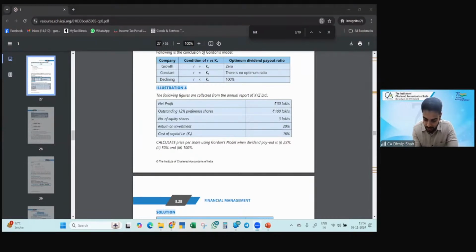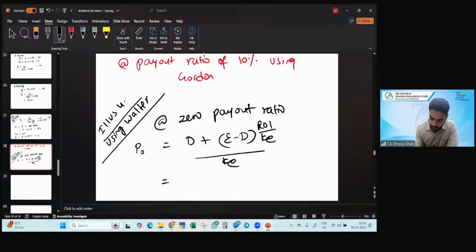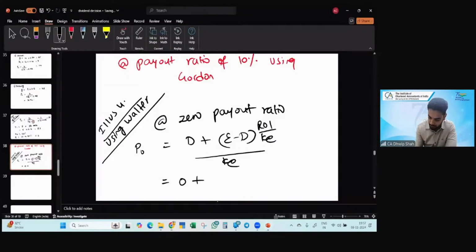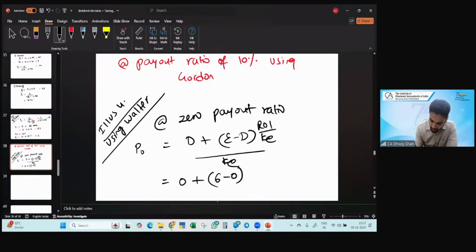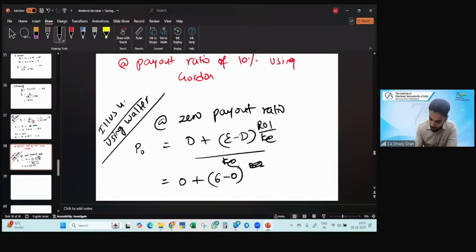So I was in illustration 4 and Sai Kishan wanted me to solve using Walter's model at zero payout ratio. First of all, write the formula. Dividend is zero. Earnings per share, I guess, was rupees 6 in illustration 4. ROI is 0.2, divided by 0.16, the whole divided by 0.16.